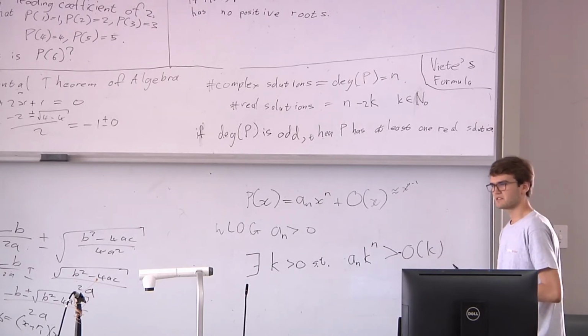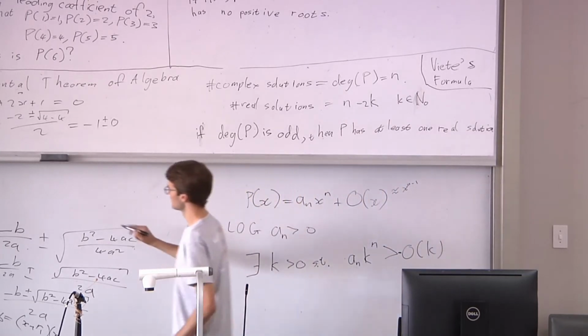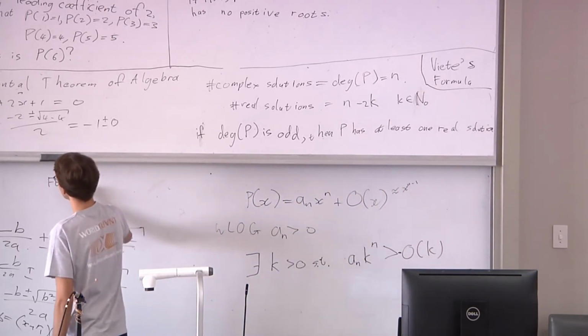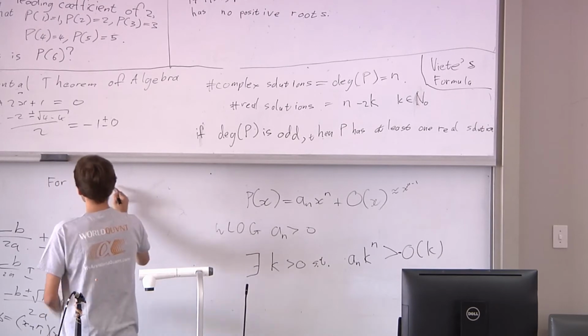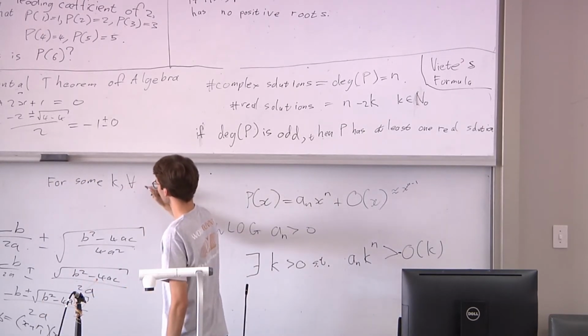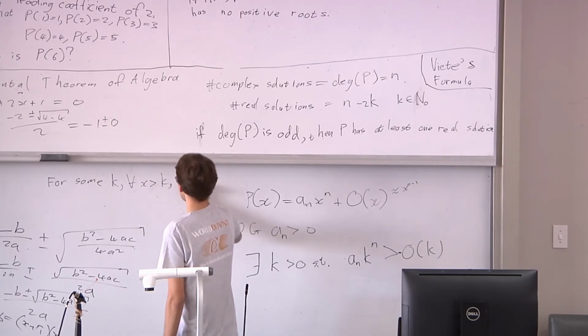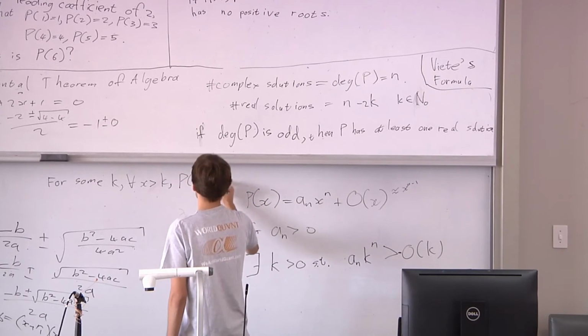So that means that for some k over there, for all x greater than k, p of x is greater than 0.